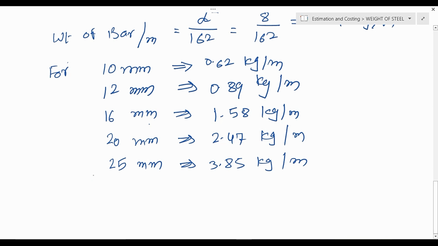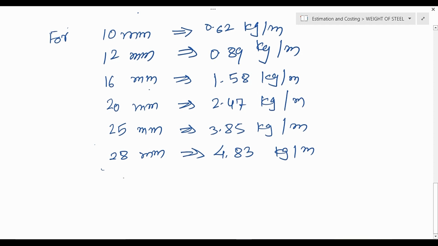Next is the 28 mm bar, whose weight is 4.83 kg per meter. And last we calculate for the 32 mm bar. The weight becomes 6.37 kg per meter.